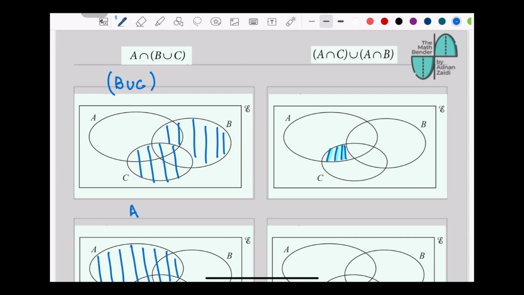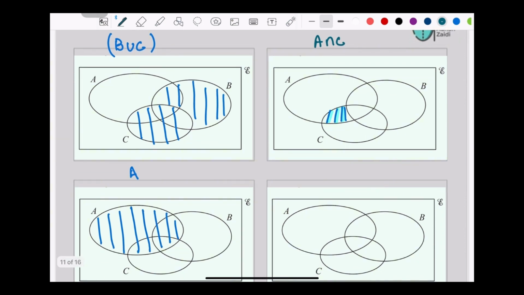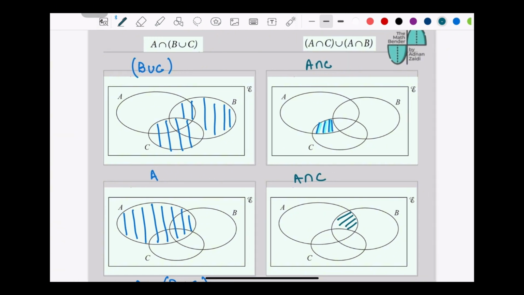Then we have A intersection B, which is this region only. And union means sum up all which was common in A and C, and sum up with all which was common in A and B as well.